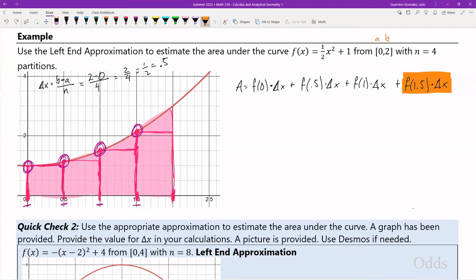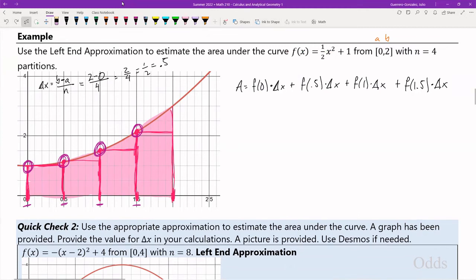So at this point, we can go ahead and plug these values in. So we can find the value for this, the value for this, the value for this, and the value for this. And you can go ahead, plug it into this thing, and it'll give you a number. That's perfectly fine.